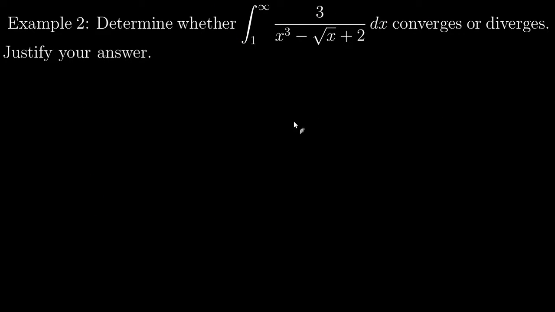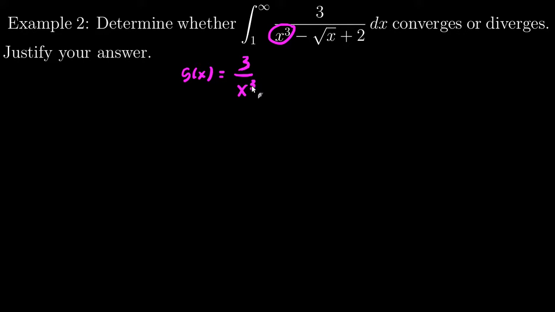Here's an example. So when I see this, determine whether this integral converges or diverges and justify your answer, you should jump into saying right away, this looks like it should converge because I have this x cubed. And then you might think, okay, well, let's consider the function g of x equals 3 over x cubed, because that's sort of the end behavior model of this.